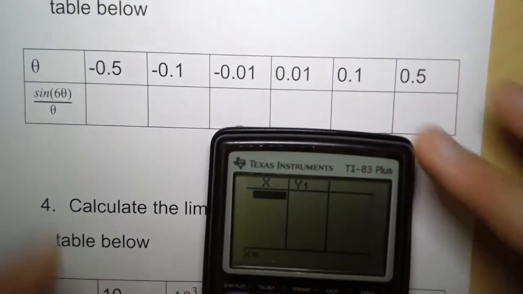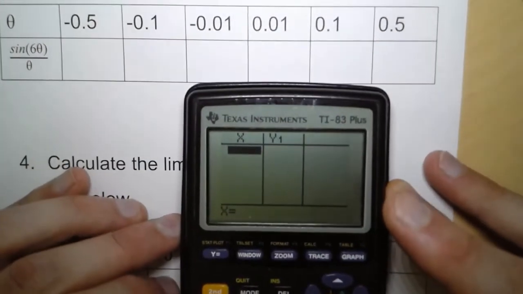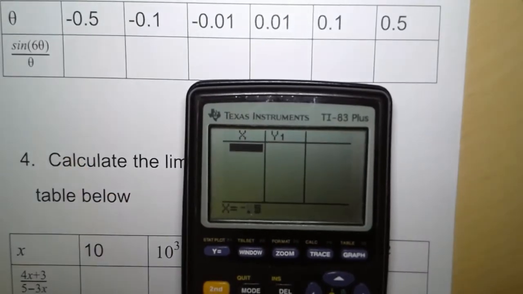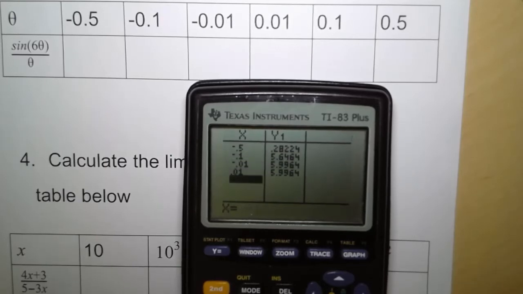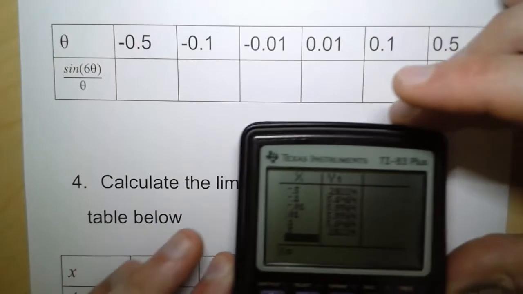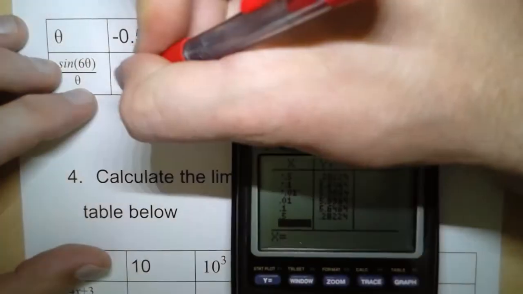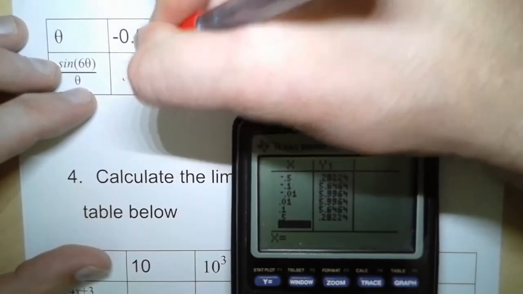And so I can just type in all of these numbers and have a table made for me on this calculator. So negative 0.5, negative 0.1, negative 0.01, 0.01, 0.1, 0.5. All right. So for negative 0.5, it's 0.28.